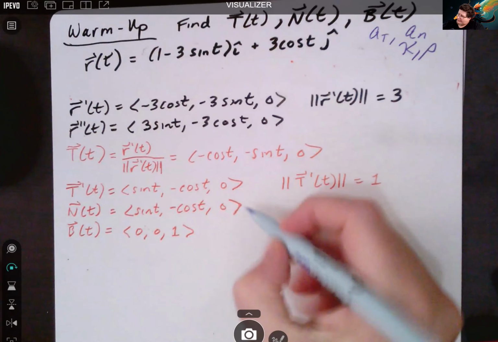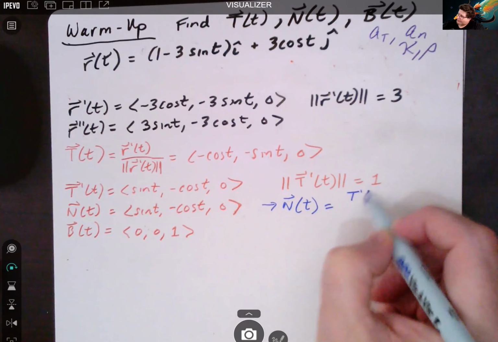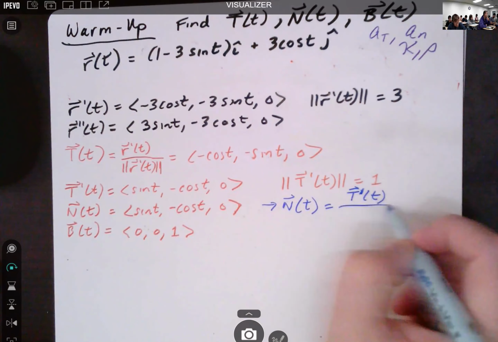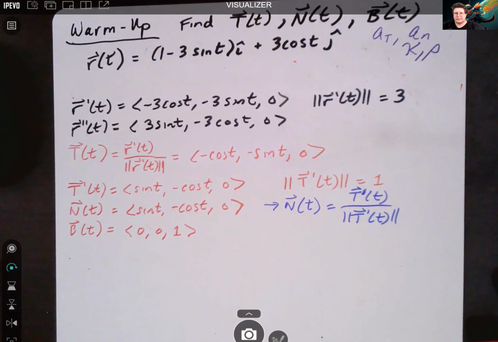Recall that N of t equals T prime over the magnitude of T prime. That's why I was worried, because I thought something was wrong. I do make mistakes, but that wasn't one of them. I will make plenty. I just remember that it's the derivative over the magnitude up to the normal, and then after that it's the cross product, the binormal. Cross product between the two derivatives over their magnitudes.